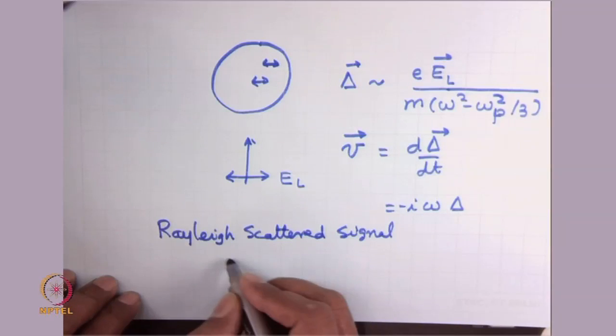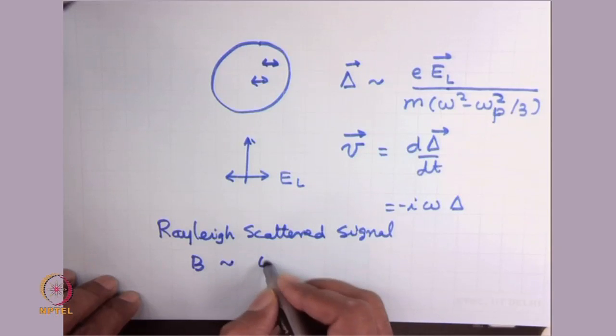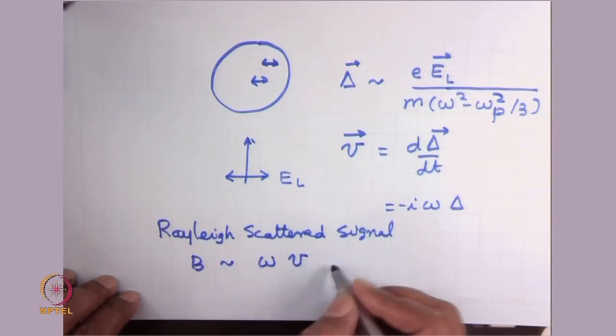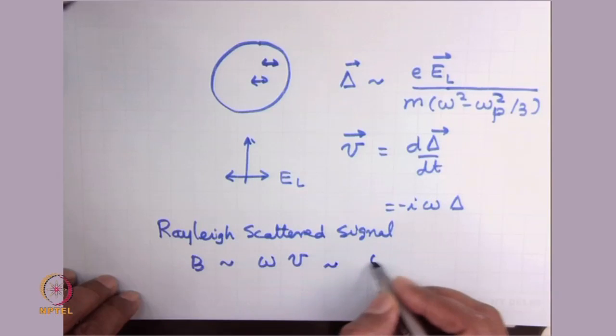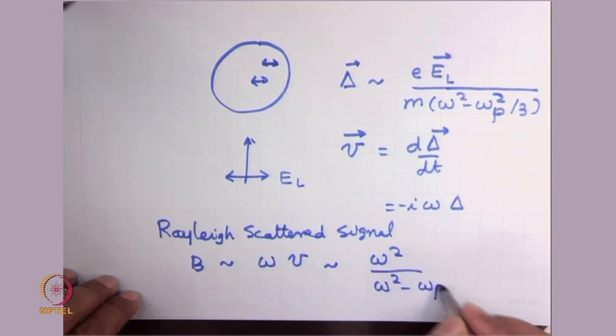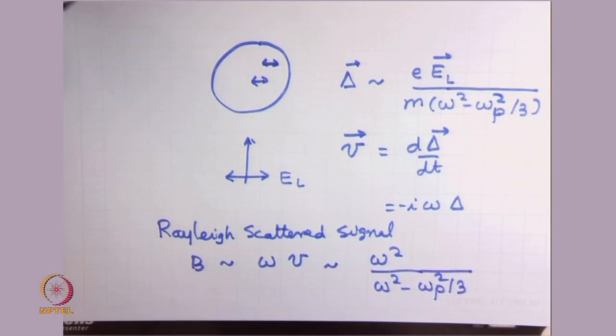The B field goes as omega times V, this velocity, so this scales as omega square divided by omega square minus omega p square by 3, and that is a big advantage.